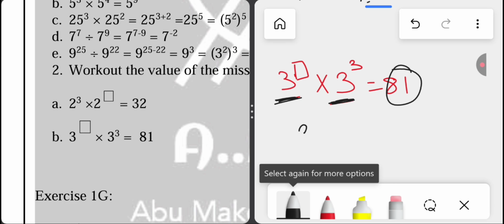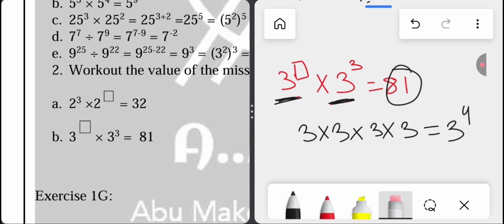So let's not delay and let's begin. 3 into 3, 9, 9 into 3, 27, 27 into 3, 81, right? See, 3 to the power 4 is 81, which means that I have to multiply 3 4 times with itself to get 81.